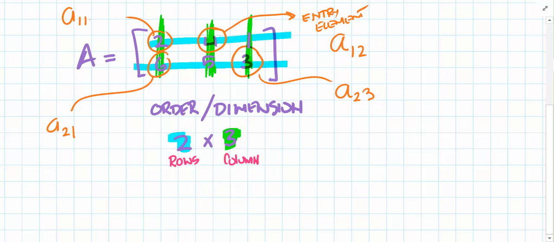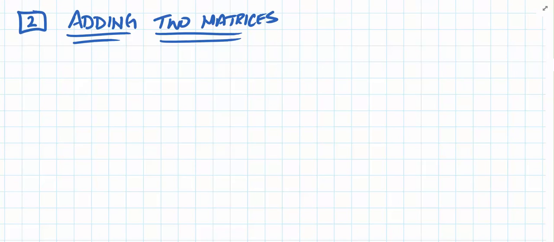How about this one over here? Row 1, column 3, A1,3. How about this one here? Yep, that's A2,2. So now we can be really specific about the elements, or entries, of the matrix.